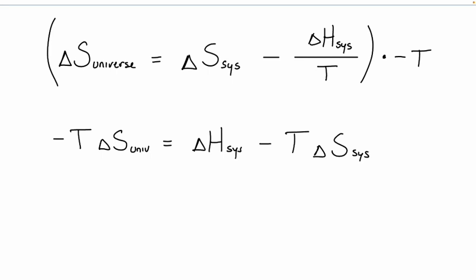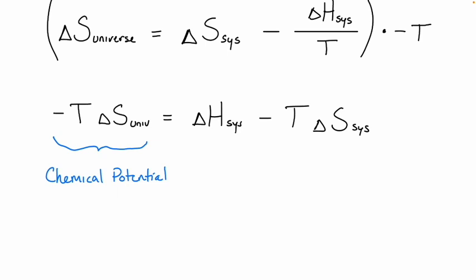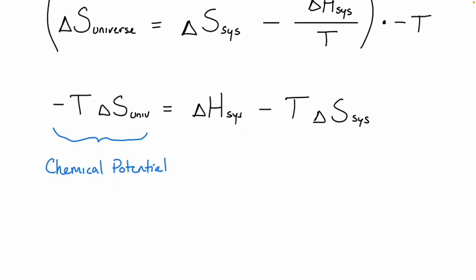All right, and they knew that they were onto something here because this quantity does have units of energy. And so we have now arrived at what was our goal from the beginning here, what we're going to call our chemical potential. All right, they gave this thing a fancy symbol too.